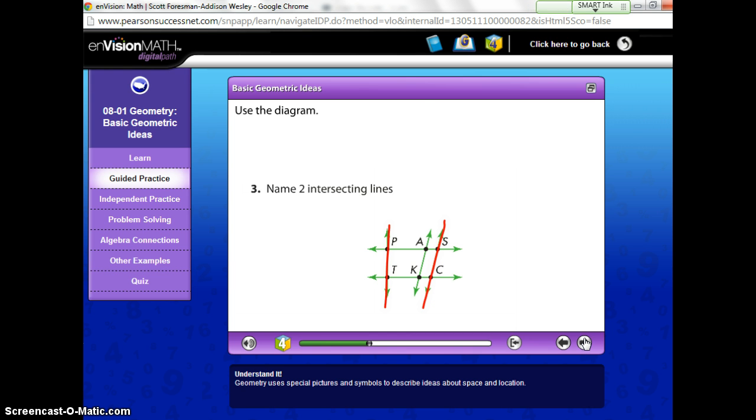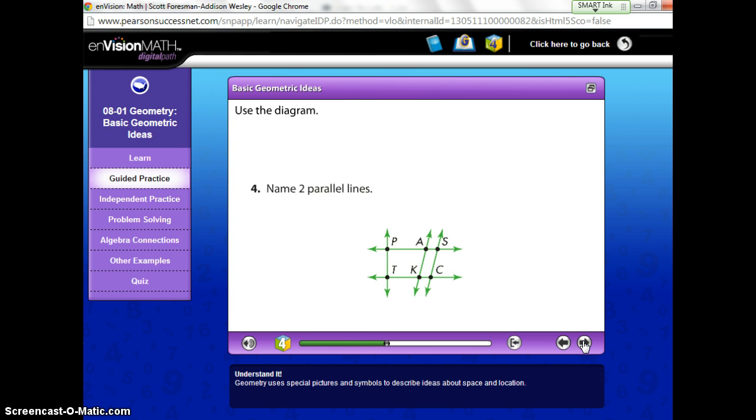Oh, you want to change your mind? Okay. AK. And very good. These 2 are intersecting lines. They cross each other, but they don't make a perfect T. Okay, there was more than just that one. He just gave us one example.